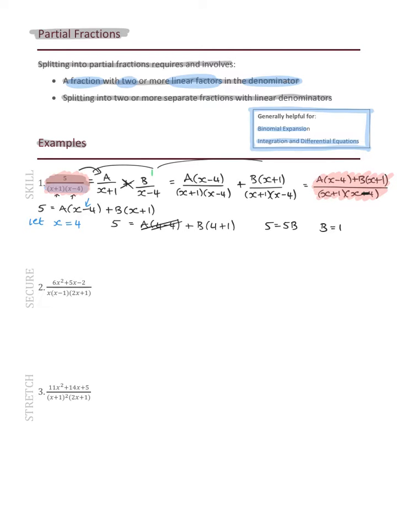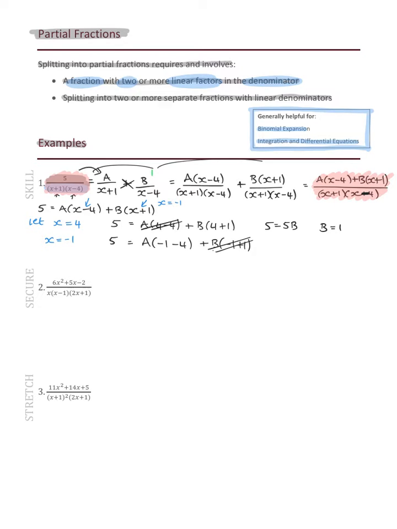Now, all I need to do is I need to set x equal to minus 1, and do the same, so x equals minus 1. Now, the 5 stays the same because it's just a 5. Now I have a minus 1 minus 4 plus b minus 1 plus 1. So that is going to equal 0.